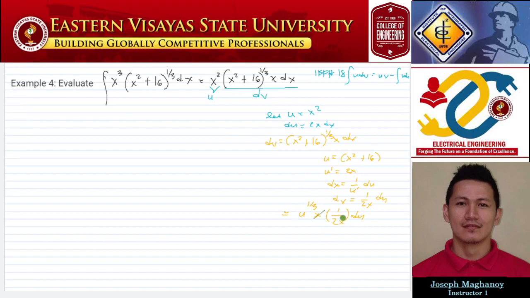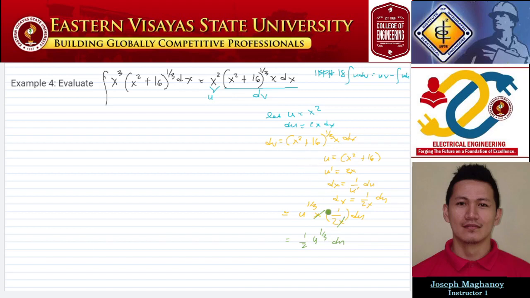So we cancel x. The remaining is 1/2 u raised to 1/3 du. What shall we do with this part? We already determined it. Okay, but we need to apply this one.